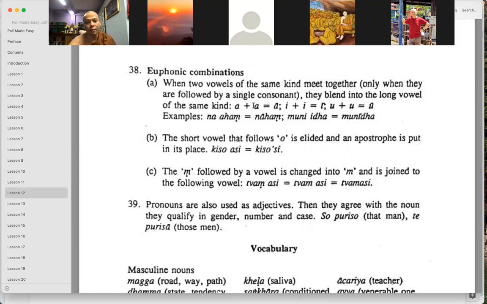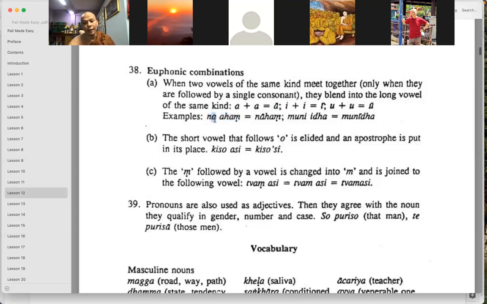So the first rule, briefly: the first word is ending in the vowel A, and the second word is also starting with the vowel A. When we join these two words as a single one, these two short vowels A become one single long vowel. An example is na aham, you see?